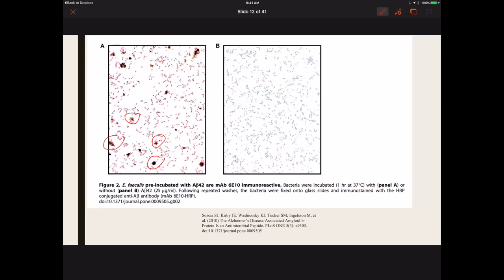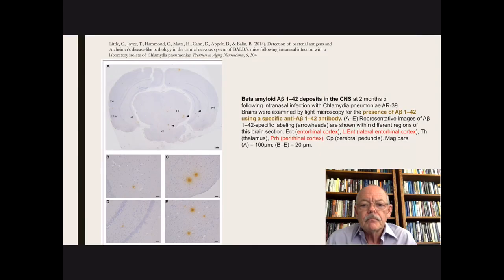To strengthen the case, in the next slide, this was an experiment that was conducted in 2014, so only a couple of years back, where Chlamydia pneumoniae was given intranasally to animals, and their brains were examined sometime later.